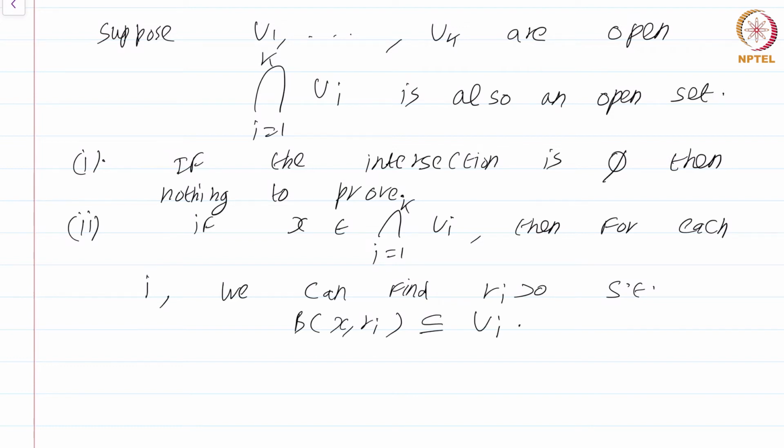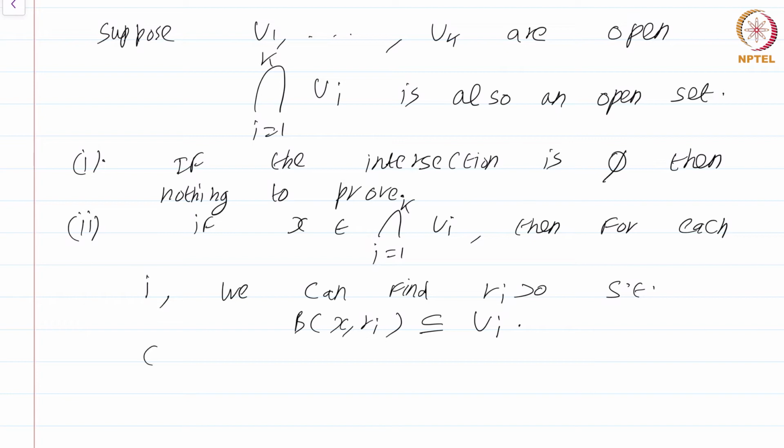The only way by which X could be in each of the ui's is if X is an interior point of each one of the ui, simply because each ui is open. Because each ui is open, corresponding to this ui, I can find an ri such that B(X, ri) is contained in ui. This is the definition of an interior point and open set.